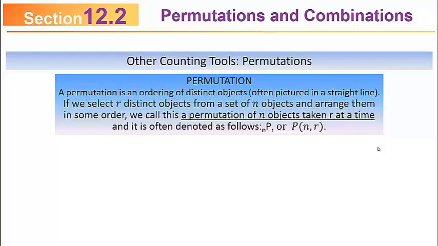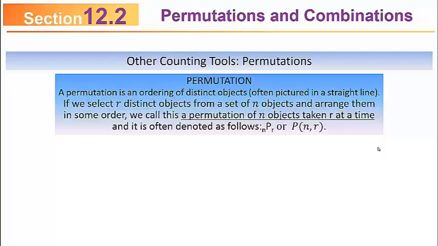If we select R distinct objects from a set of N objects, in other words, you're only taking them R at a time, and arrange them in some order, we call this a permutation of N objects taken R at a time. It's denoted quite often with a capital P and subscripts N on the left and R on the right, or just a capital P and have N comma R in parentheses.